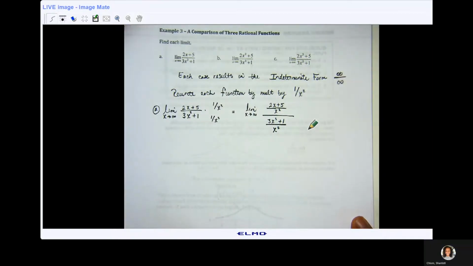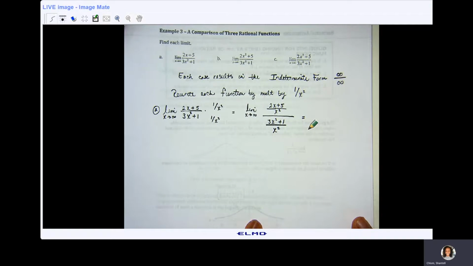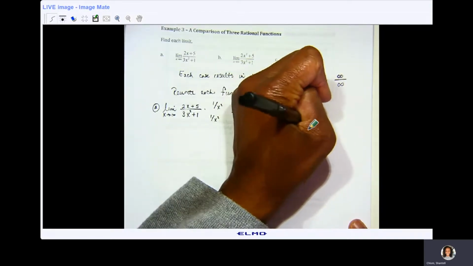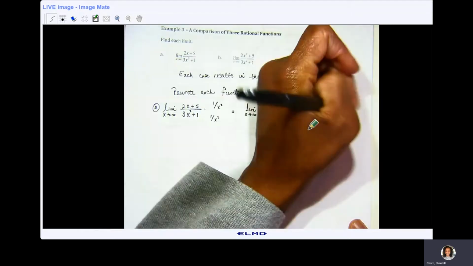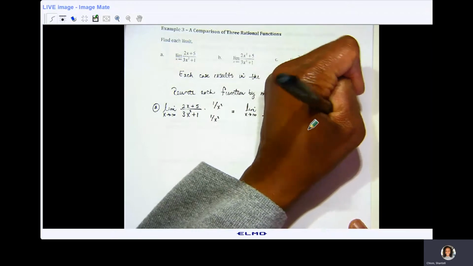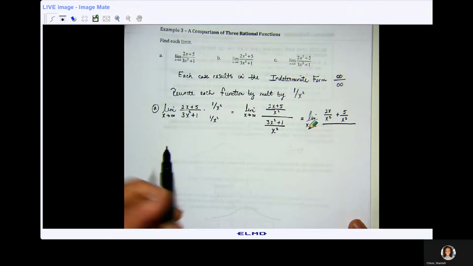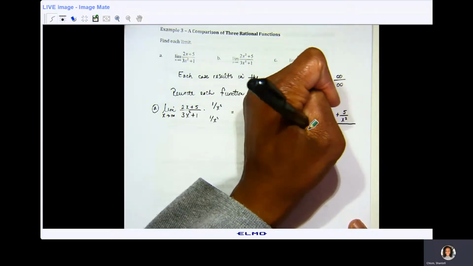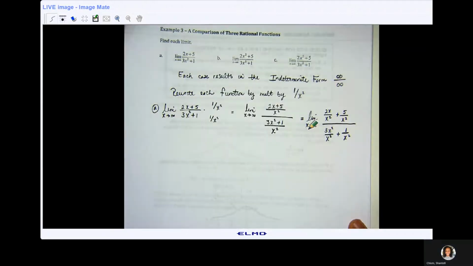Okay? Now simplifying, or cleaning that up. Here on top, still with my limit, I'll have 2x over x squared plus 5 over x squared. And on bottom, I'll have 3x squared over x squared plus 1 over x squared. Okay?